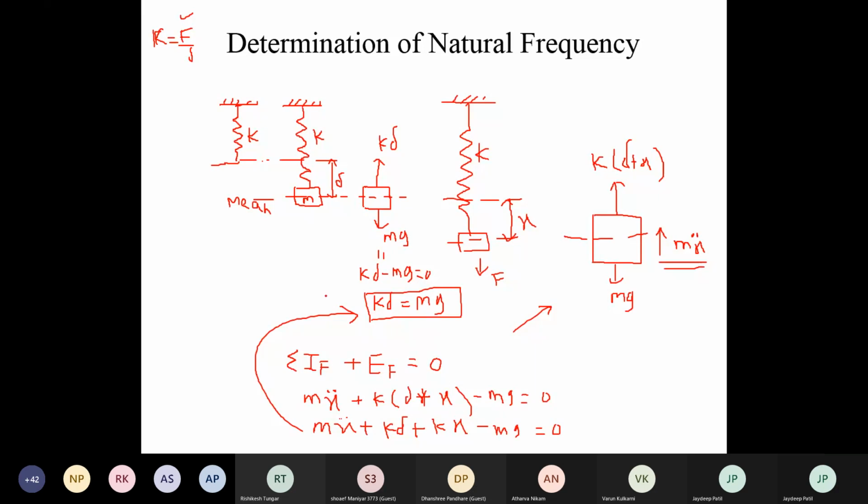See this equation. k delta is equal to mg, right? k delta is equal to mg means plus and minus, so it gets cancelled here. Correct? Means the equation becomes mx double dot plus kx is equal to 0.